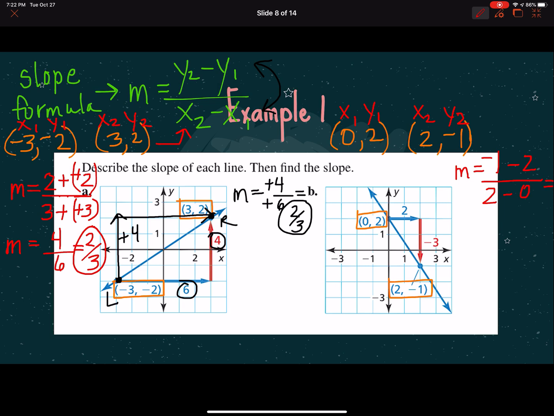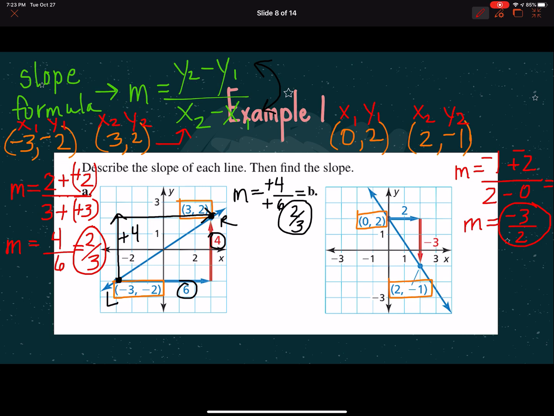And then I can put that directly into the calculator, or I can go ahead and solve with my rules for adding and subtracting with integers. -1 subtract 2 actually turns it into -1 plus -2, which is -3. And 2 subtract 0 is 2. And if you did it in the calculator, it will tell you that this is in simplest form. So this slope is -3/2.